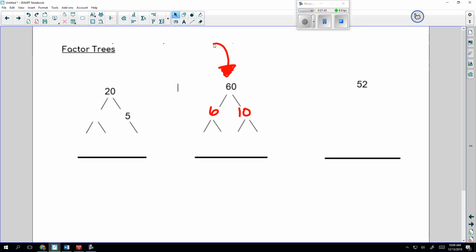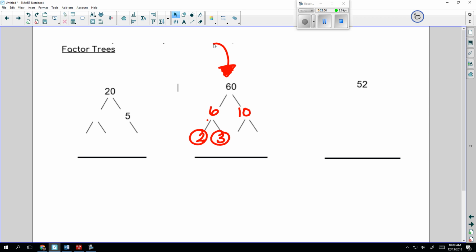Could you do 12 times 5? Yes. Okay, will we always get the same answer? Yes. So are these prime numbers here, 6 and 10? No. What are the prime factors for 6? 2 and 3. Is 2 a prime number? Yes. Yep, so we're going to make it an ornament. What about 3? Yes. Okay.